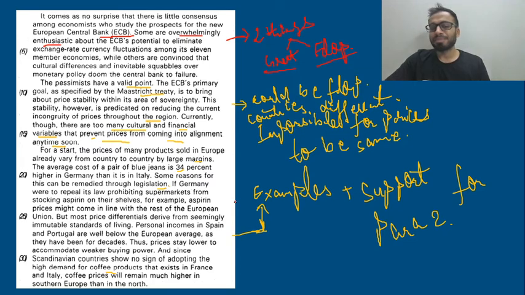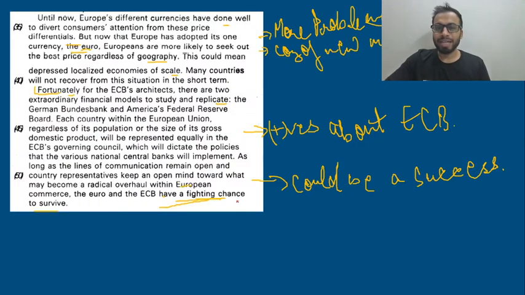Then they give us examples for why it could be a flop. Then they even count out more problems because of the introduction of the new money, which was euro. And then in the very end, they end it with a ray of optimism that there are some positives as well, and maybe, just maybe, it has a fighting chance for survival. It could be successful, right? So this is what the passage is about.